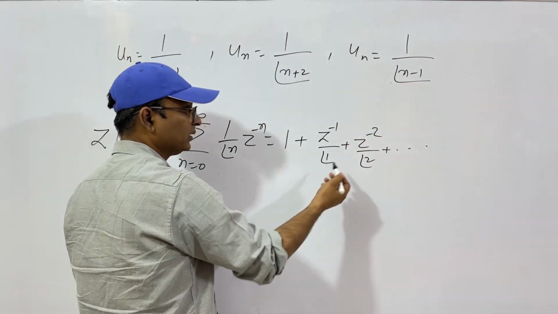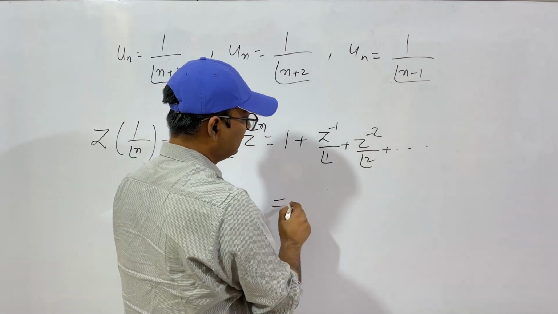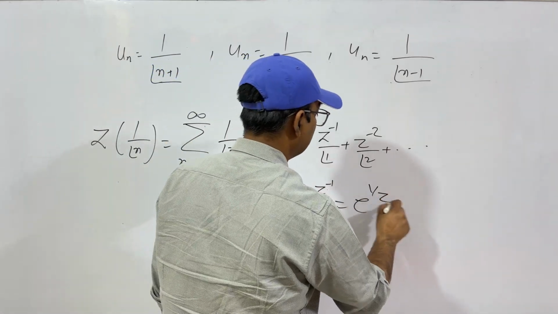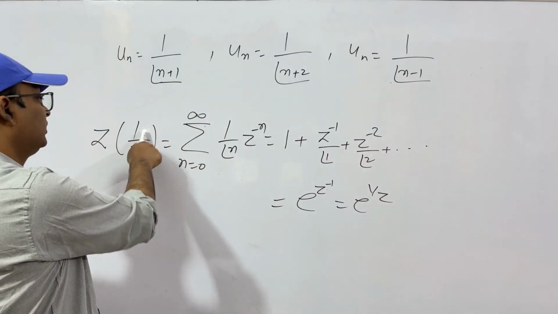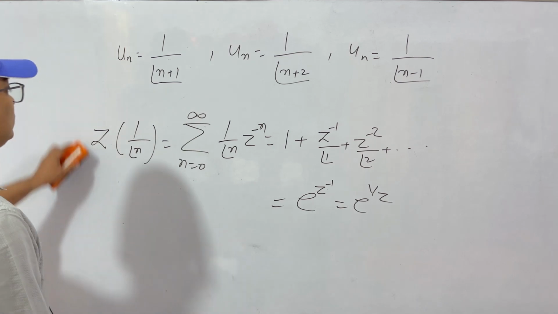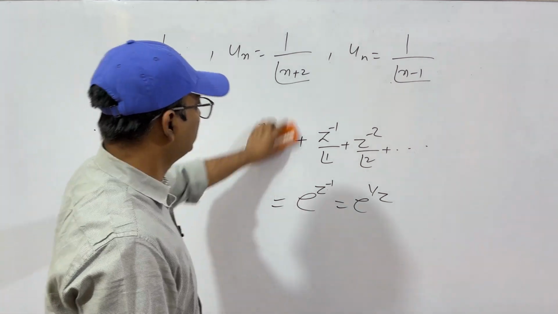What is this expansion? If you remember, it is the expansion of e to the power z minus 1, that is e to the power 1 by z. So we know that the Z transform of 1 by factorial n is e to the power 1 by z. So let's see what are these values.